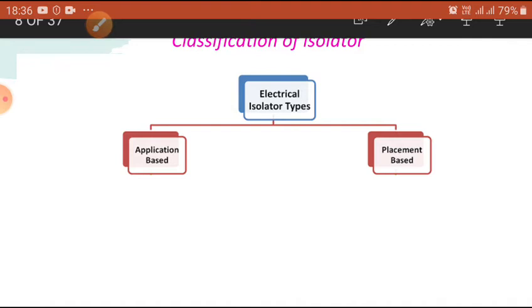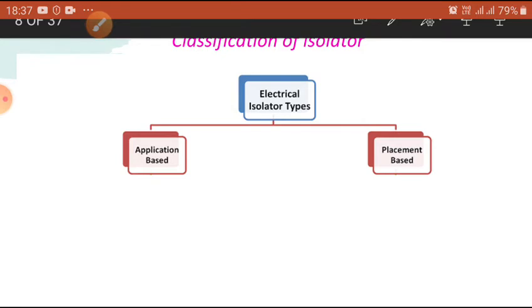Last class we saw that at the time of closing and opening, if the arc or break takes place in a line at only one place, that is known as single break. If the break takes place at two places, it is double break. By connecting the center limb, we have to rotate the center limb, so it will connect to either the primary side, the input and output, and at both sides it is possible to have an arc. That is the double break.